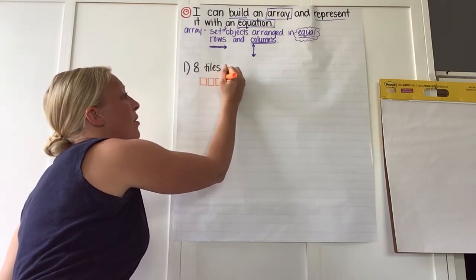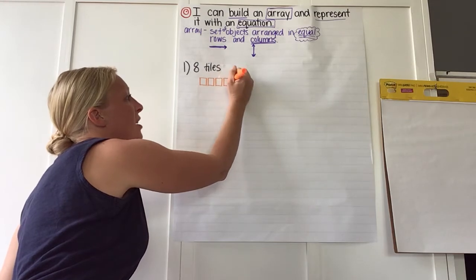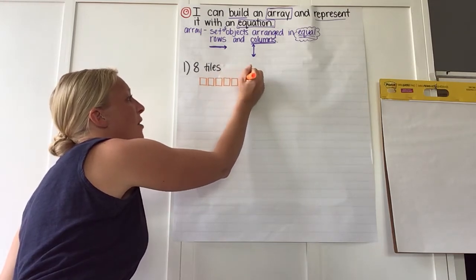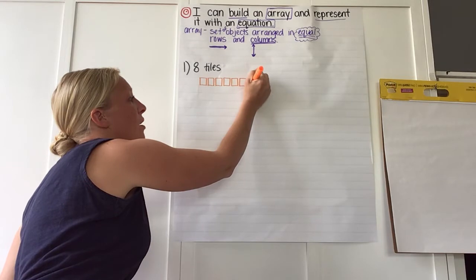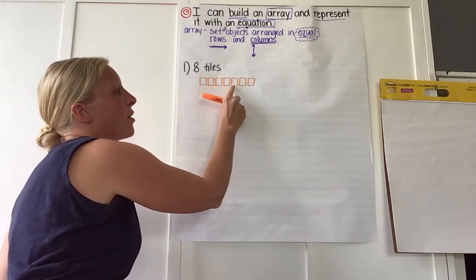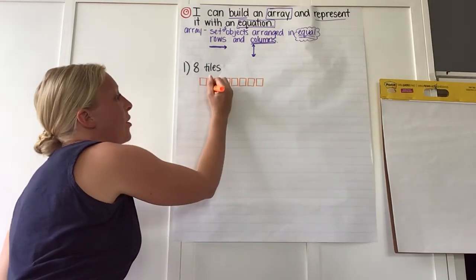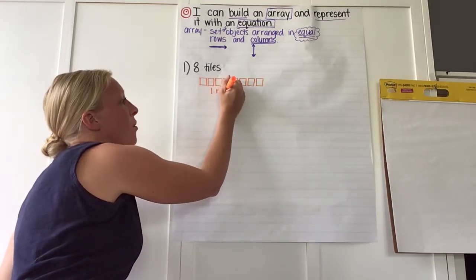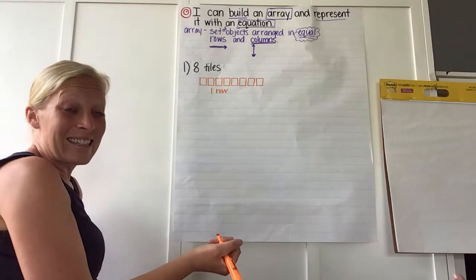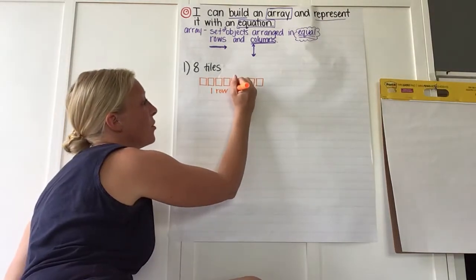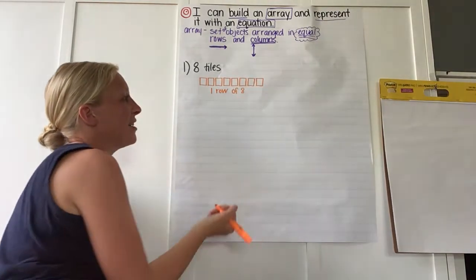You just had 1 row, and how many tiles did you have in that 1 row? 1, 2, 3, 4, 5, 6, 7, 8. So when you only had 1 row, you had 8 in that row, right? So 1 row of 8.